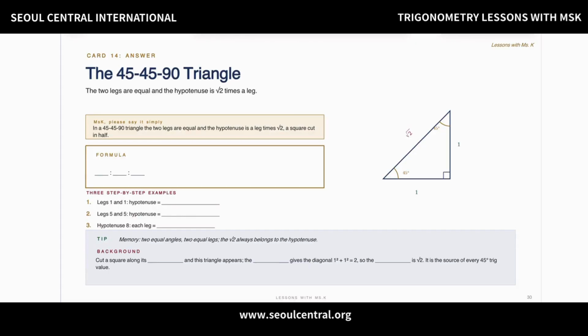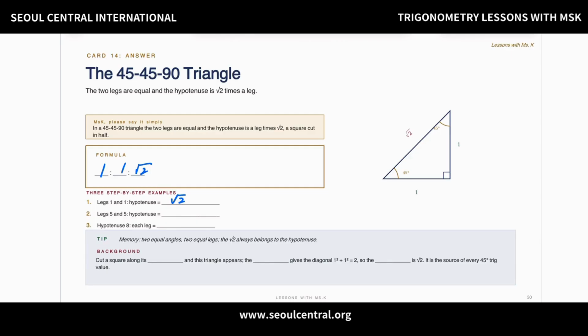It's basically a square that is cut in half. So our formula would be 1, 1, and square root 2. Legs are 1, and the hypotenuse would be 1 times square root 2, which gives us square root 2.